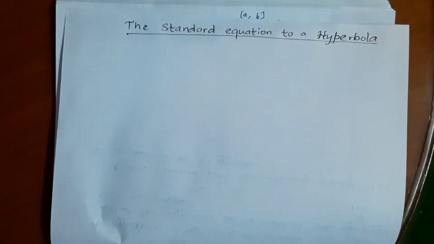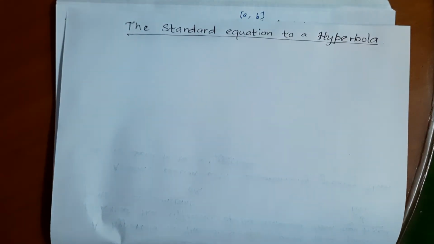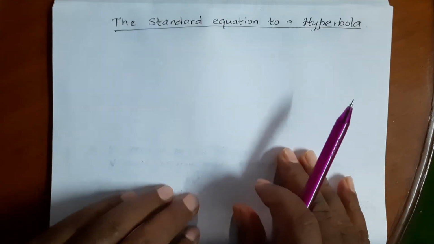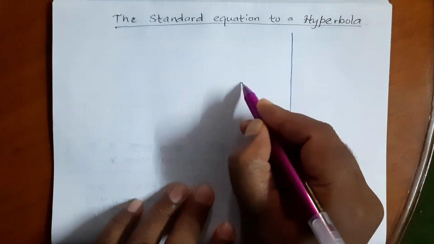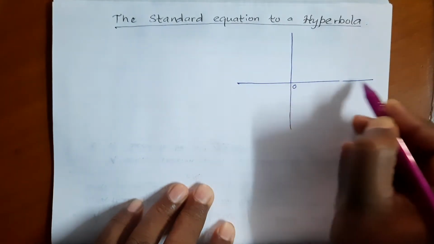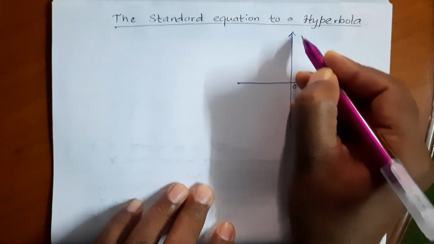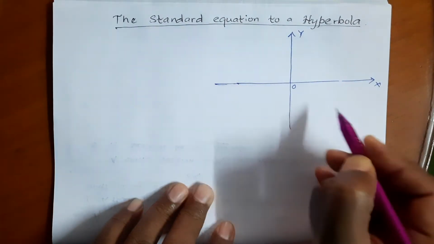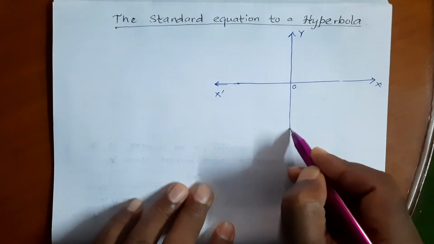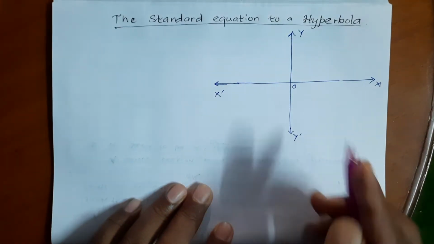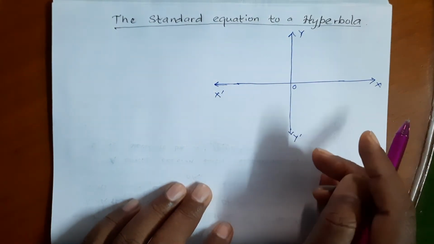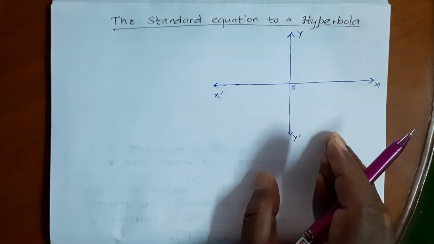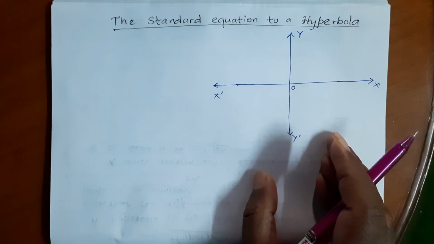To derive the equation to a hyperbola, we take the x-axis and y-axis as the transverse axis and the conjugate axis of the hyperbola respectively.